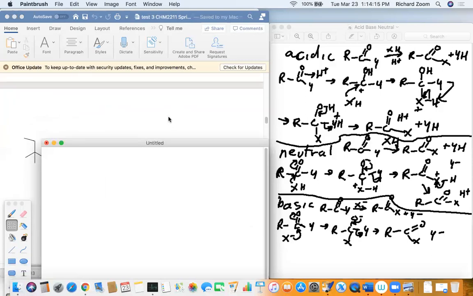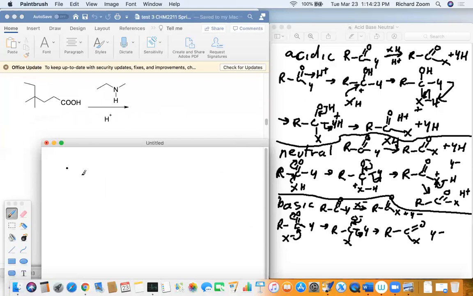Is that other reaction? I'll do this one as well. So sometimes it helps to draw these out as actual functional groups.